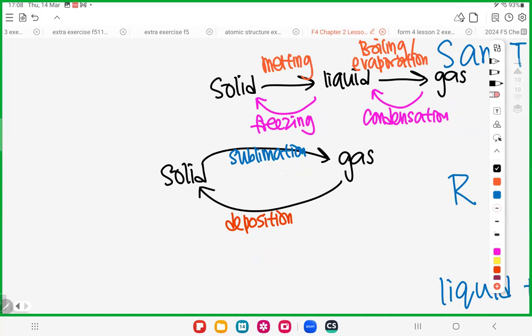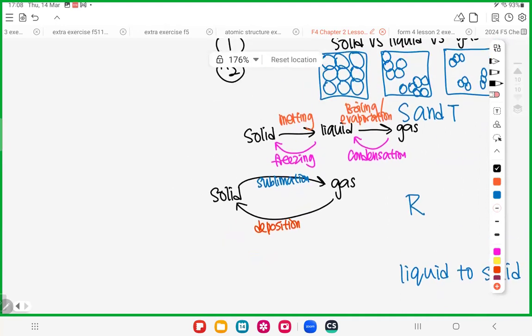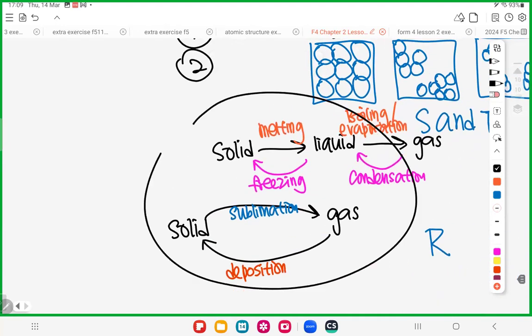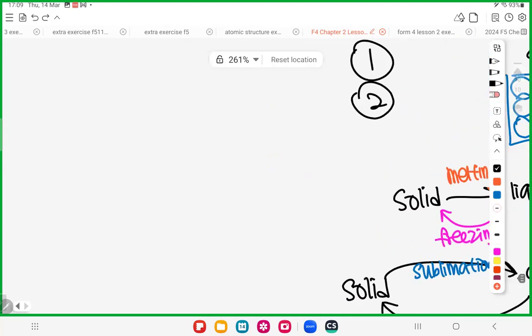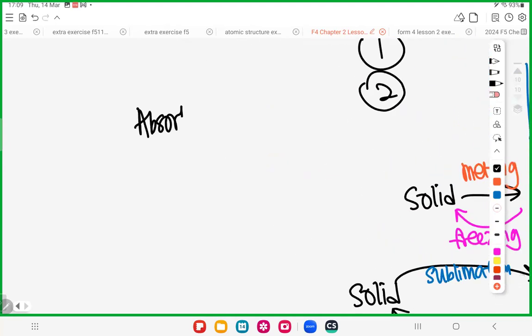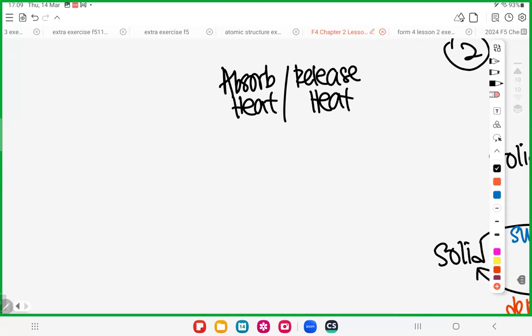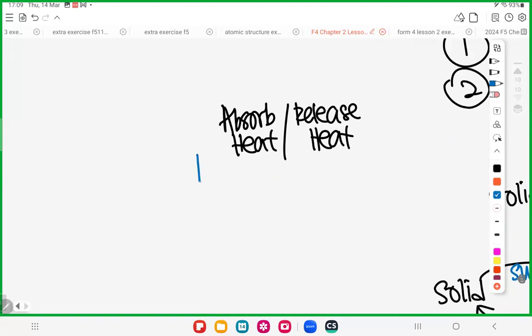Yeah, all right. So now, I also told you how to remember which process needs to absorb heat or release it. How to know which process the heat is being absorbed, which process the heat is being released. I teach you a simple way to remember, right? When you want to break up, you want to absorb the heat.